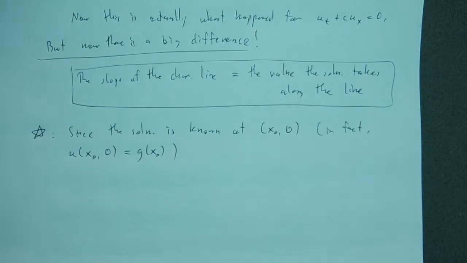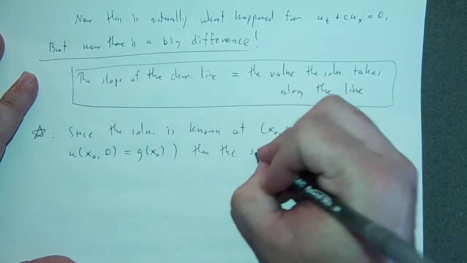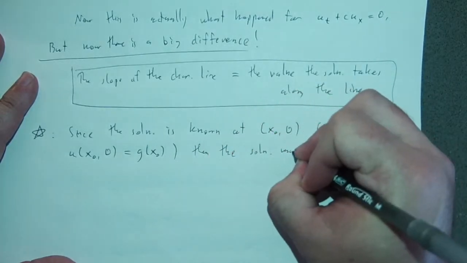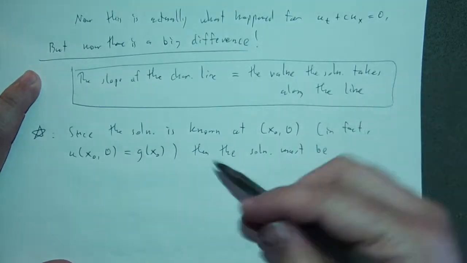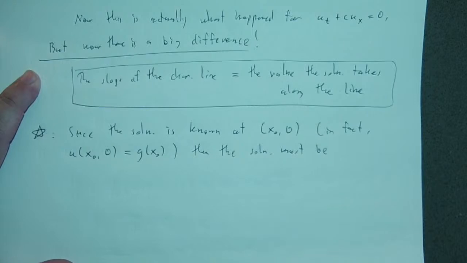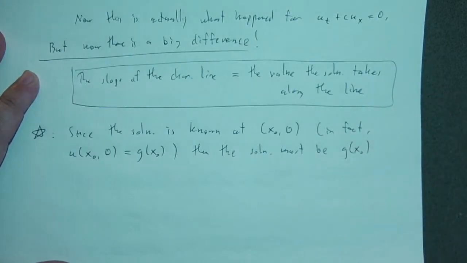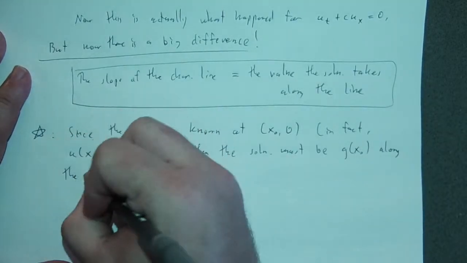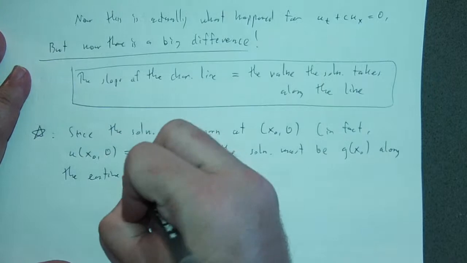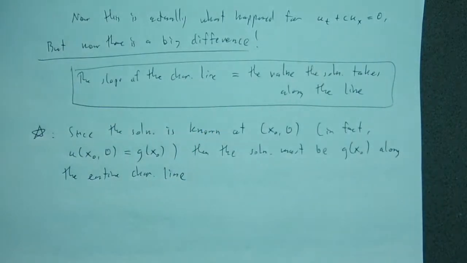Then the solution must be equal to this same value, must be g of x naught along the entire characteristic line emanating from that point.